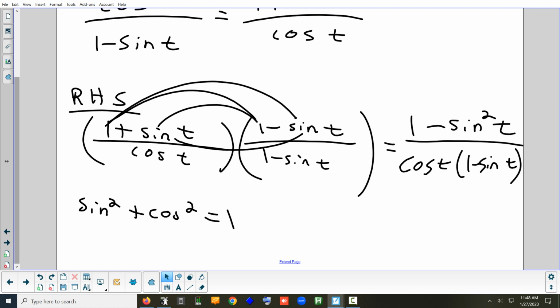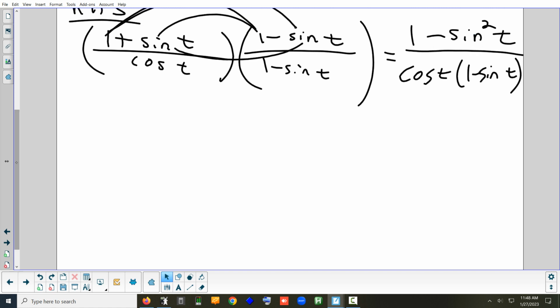Rearrange it so you have 1 minus sine squared on one side, so you subtract sine squared from both sides. So what does 1 minus sine squared turn into? It turns into cosine squared. So in the numerator, you can replace that with cosine squared.